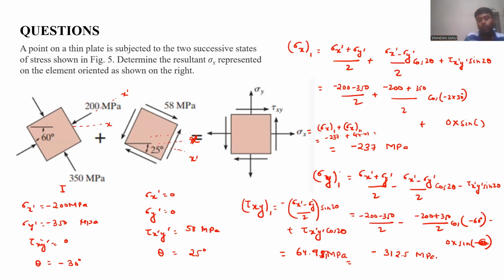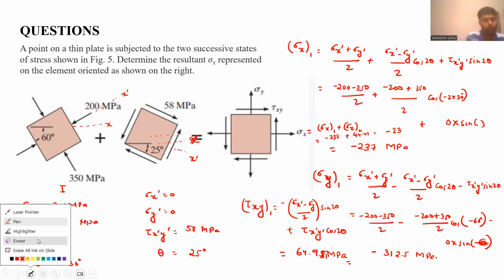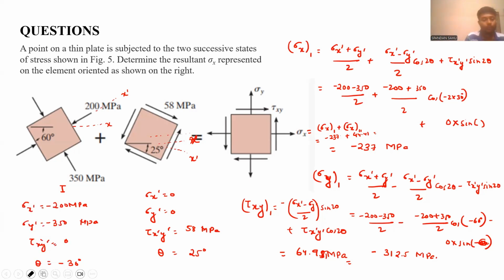Minus 237.5 plus 44.4, so minus 193.09. So this will be minus 193 MPa.